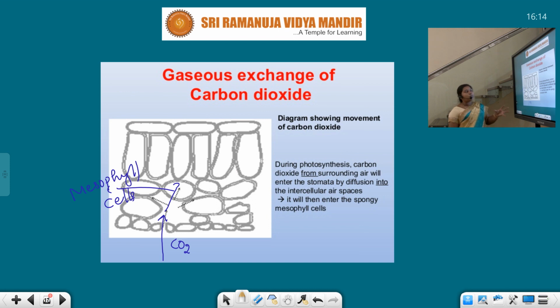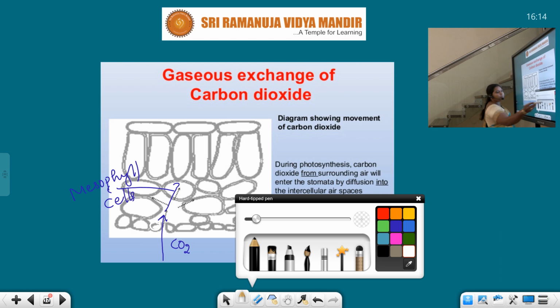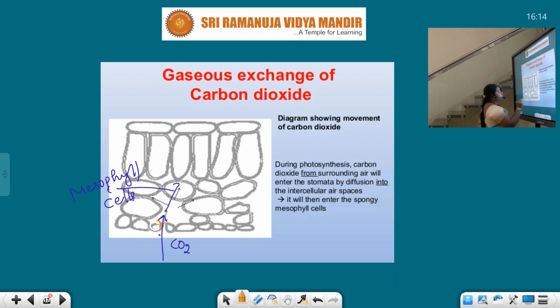Gaseous exchange of the carbon dioxide. During photosynthesis, carbon dioxide from the surrounding air will enter into the stomata by the process of diffusion into the intercellular spaces. It will then enter into the mesophyll cells. See children, these are the stomatal openings. Through these openings, there is an entry of carbon dioxide into the leaf body.